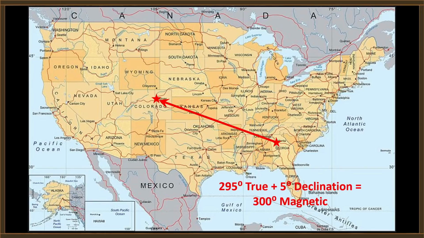I've got to add that to the 295 degree true heading to get a magnetic heading of 300 degrees. If I mess up and don't include that magnetic declination, the heading of my airplane is not going to be the line we see. It's going to be that line. I'm not going to Denver. I'm going to Salt Lake City. Are you getting the idea now, Brian?